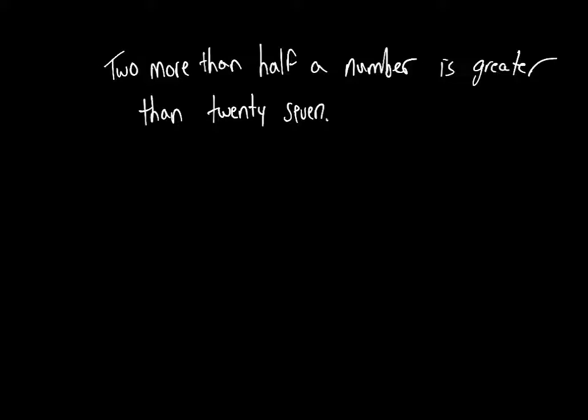Okay, so first I have 2 more than, so I'm going to read this, 2 more than, which is going to be plus, half of a number, that's going to be 1/2 times the number.